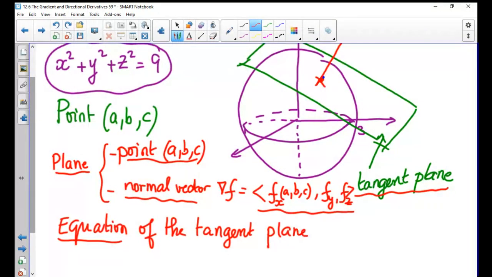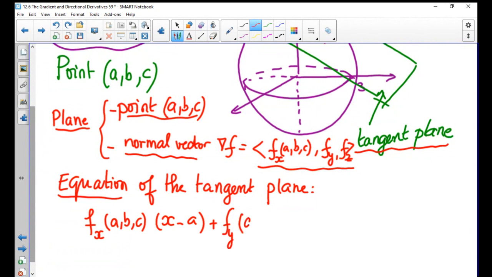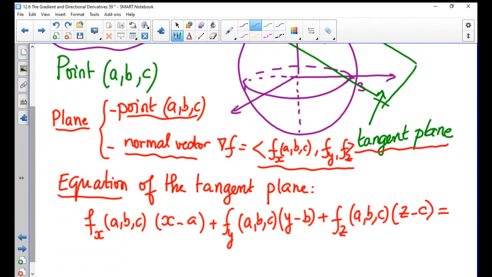You may remember it's going to be fx at a, b, c multiplied by x minus a, plus fy at a, b, c multiplied by y minus b, plus fz at a, b, c multiplied by z minus c, all of this equal to 0.